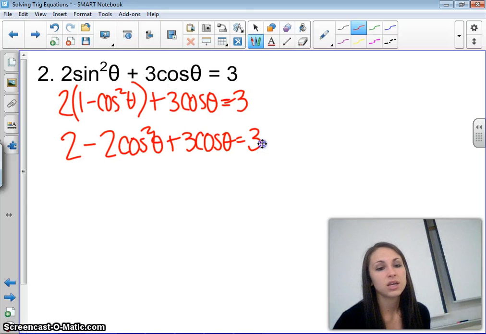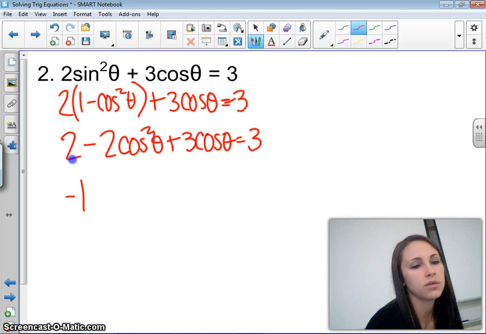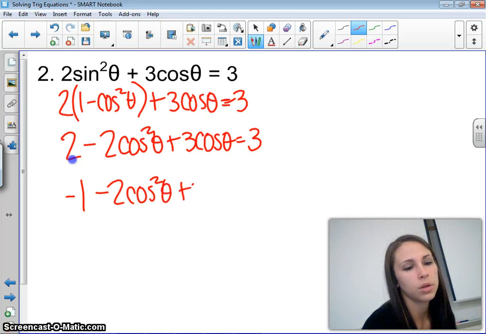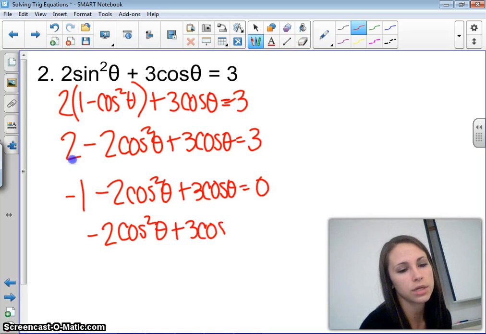Now I need to get this set equal to 0, so I'm going to subtract this 3 over, and it'll give me negative 1 minus 2 cosine squared plus 3 cosine equals 0. And so when I put this in the correct order, I'll have negative 2 cosine squared plus 3 cosine minus 1 equals 0.